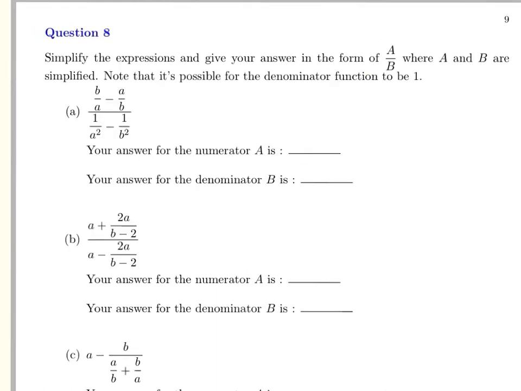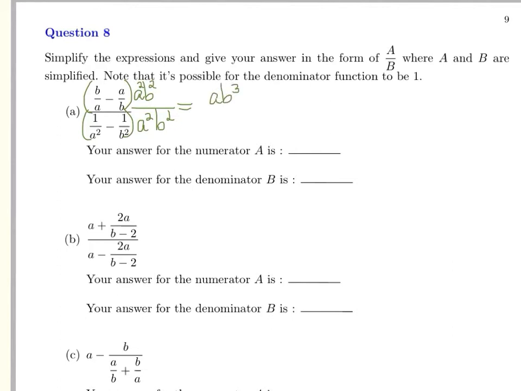All right, for question 8, part A, I'm going to multiply top and bottom by a squared b squared. And on the numerator, the first one, 1a cancels, and so I have b cubed a, or ab cubed.